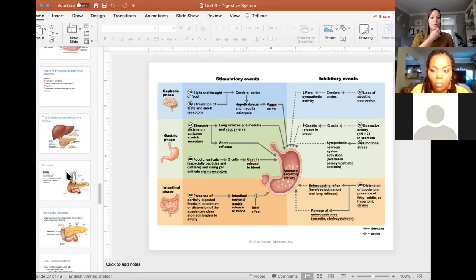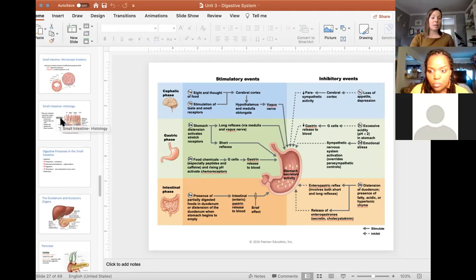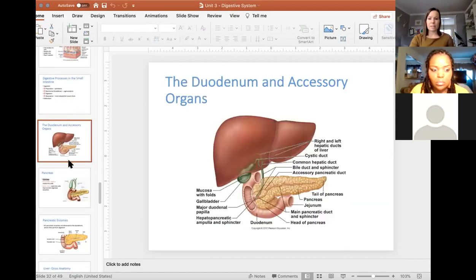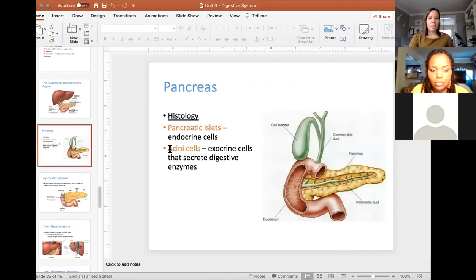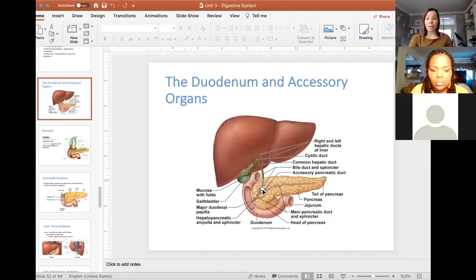Trying to think what else is significant. The rest of this is just knowing the anatomy. Here's the pancreas. So here are a couple pictures of the pancreas. Normally the stomach is right here, so the stomach blocks most of the pancreas.